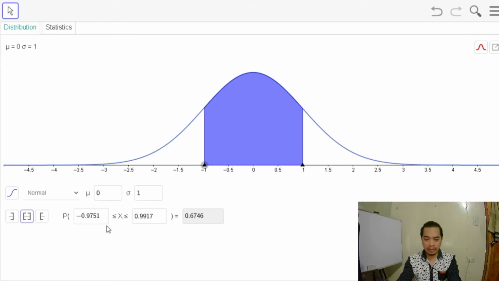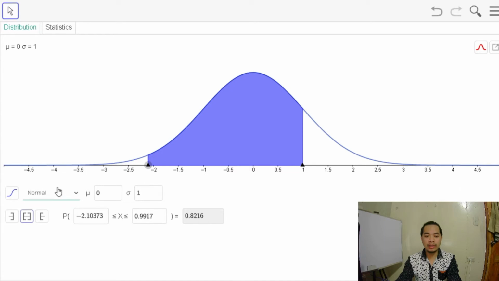If you draw it in this particular normal distribution, the probability that x is between 0.9917 and negative 0.9751, we can see here the boundaries, the probability of getting a number between these two numbers, given that the distribution of our data is normal, is 0.6746.